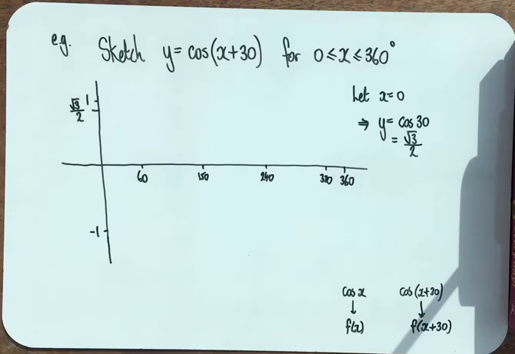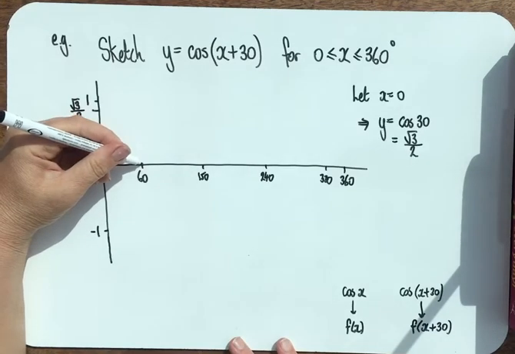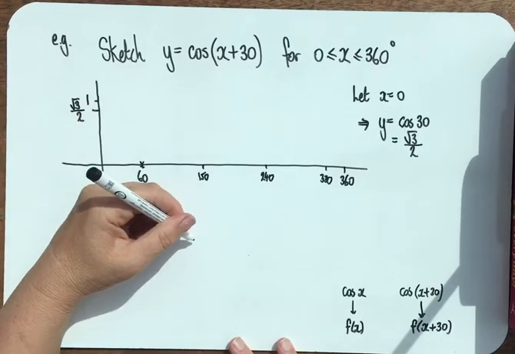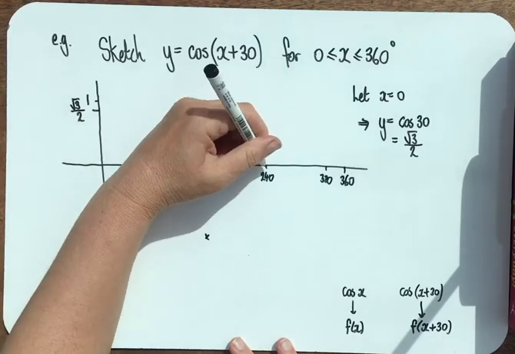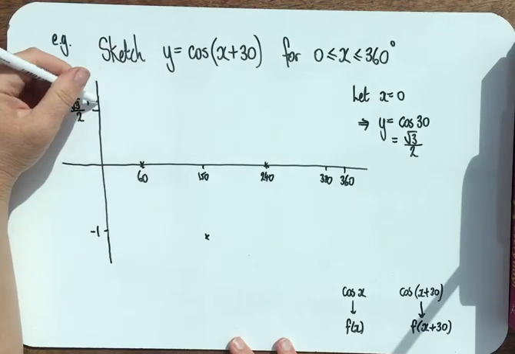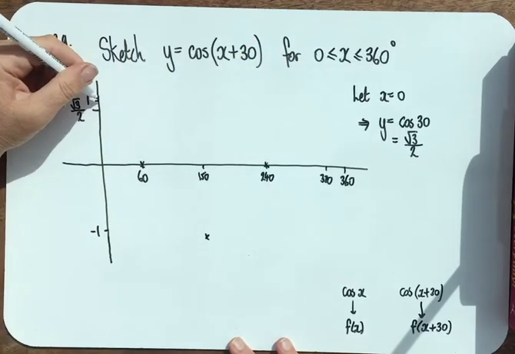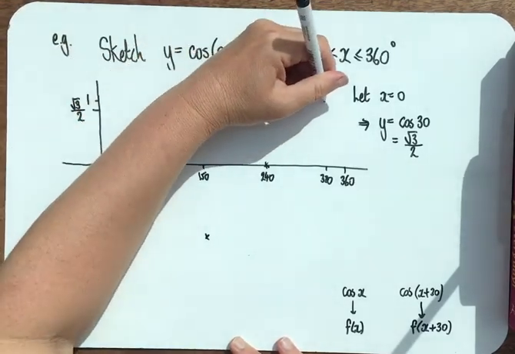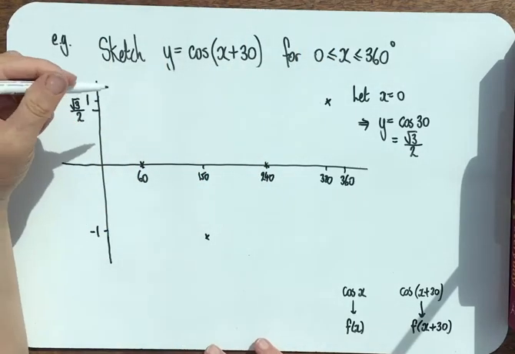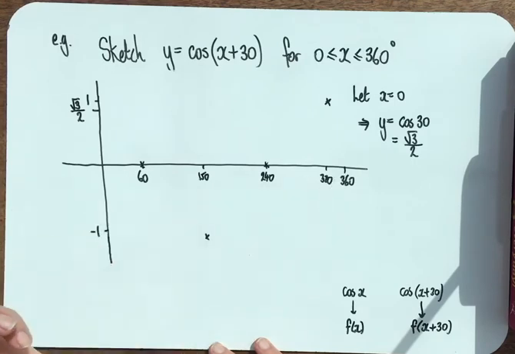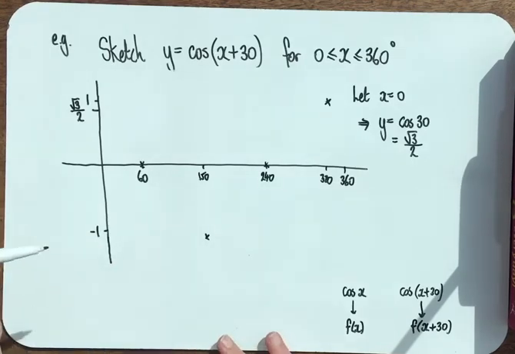So cos curve moved left by 30, so it's going to be 60 at -1, that would be at 150, 240 back to 0, 330 will be at 1. And then you'll finish where you start, because in 360 degrees you're going to get one complete cycle of cos.